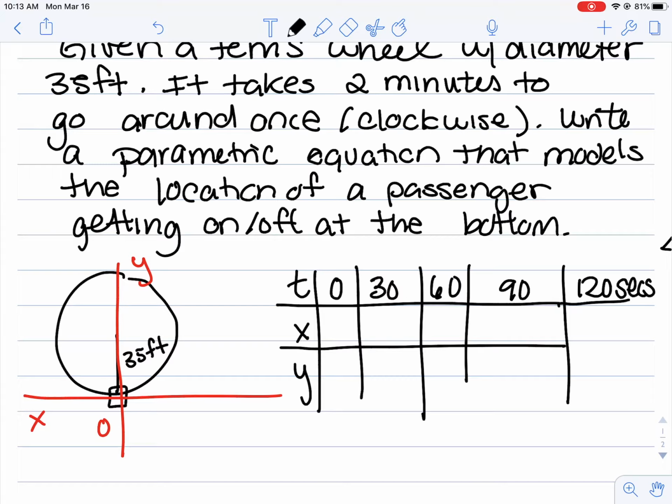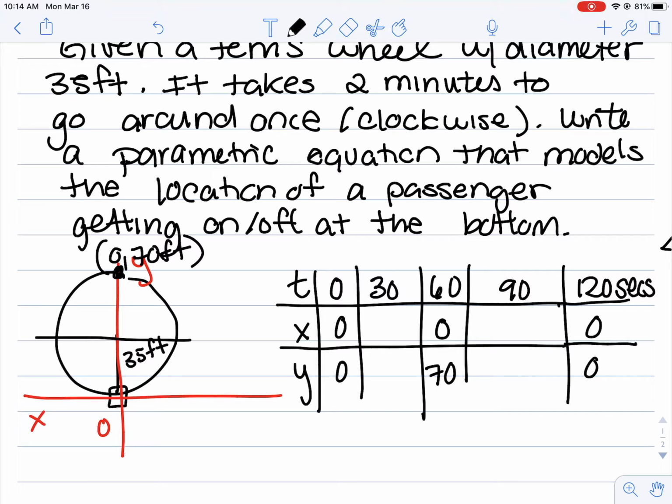So the passenger gets on at 0, 0. So our x coordinate is 0, our y coordinate is 0. And it takes 2 minutes to go around to get back to 0, 0. That means halfway, we're at 70 feet height, 0 feet on the xy axis. So I would put 0 and 70.